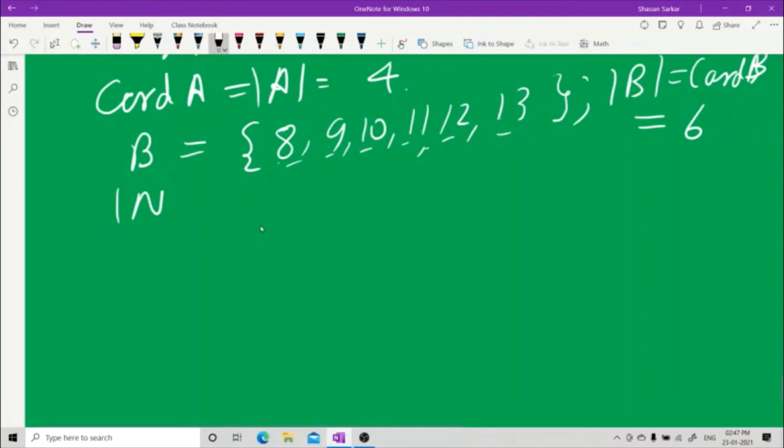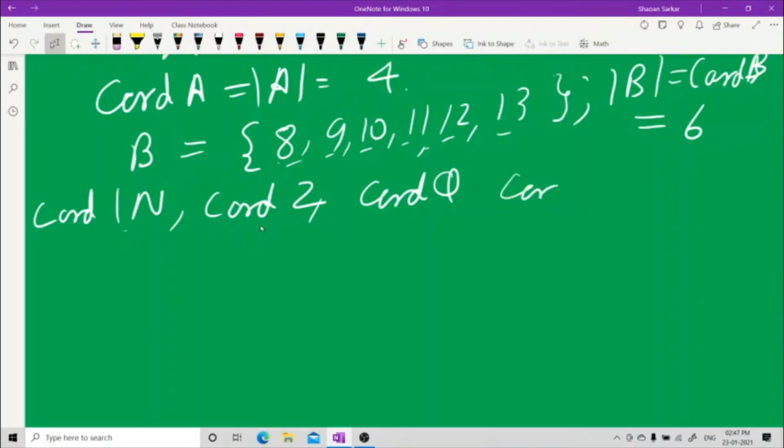The cardinality of natural numbers, card N, is equal to card Z, is equal to card Q. The cardinality of N, or of N union 0, is all alif naught, the first countable infinity. They all have cardinality alif naught. They are countably infinite.